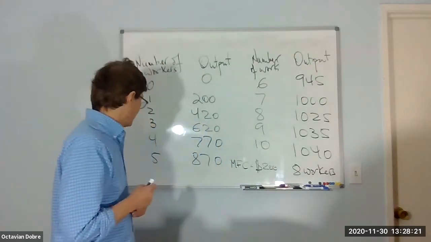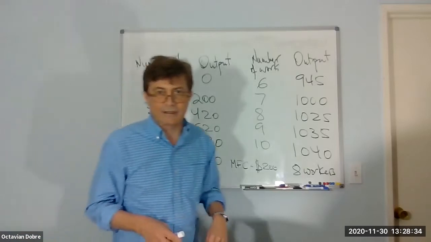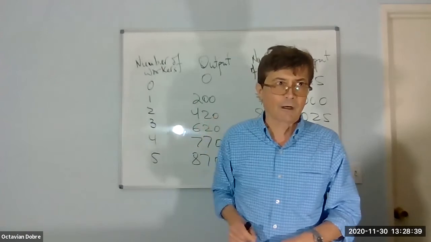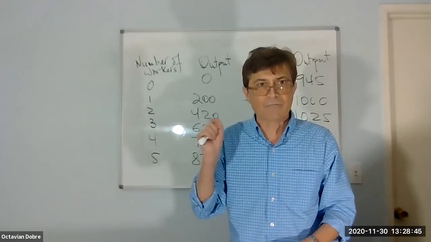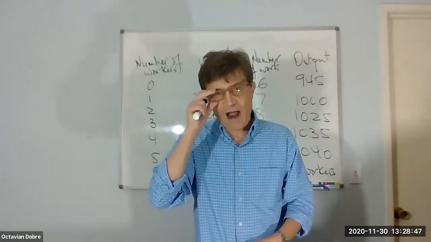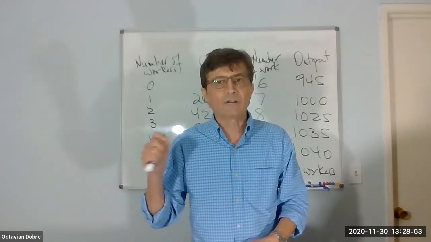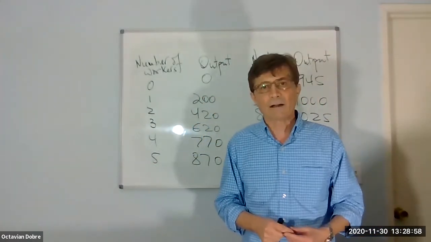Okay, here's a quick question. Let's say that the fifth worker contributes to the revenue $500. Can you tell me what the price of the unit would have to be for the fifth worker to contribute to the revenue $500?